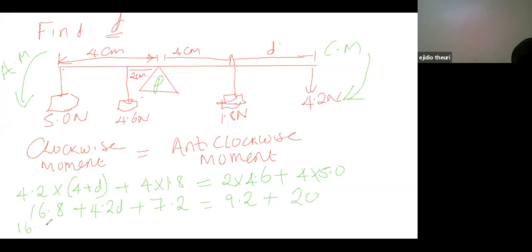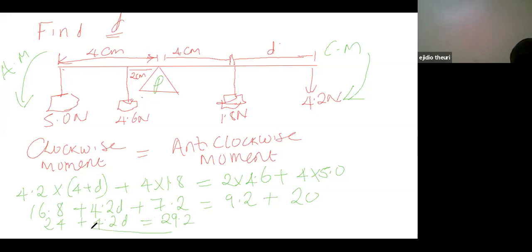Now 16.8 plus 7.2. I like terms together. 16.8 plus 7.2 will give you 24. So 24 plus 4.2D is equal to 29.2. We bring the like terms together.